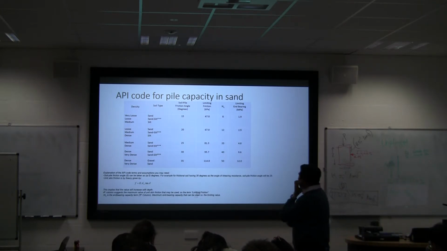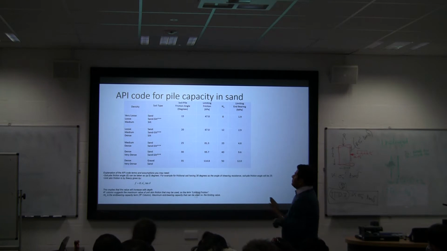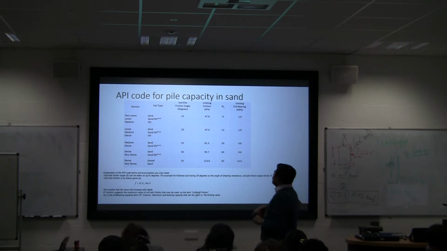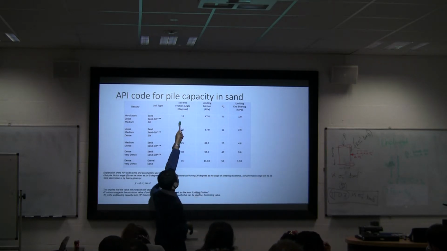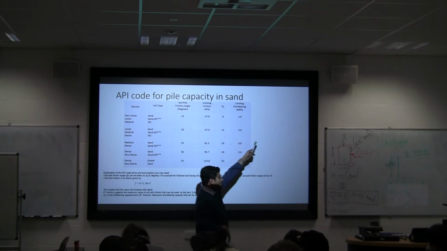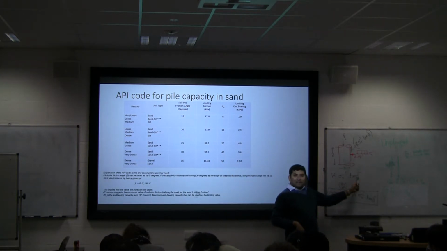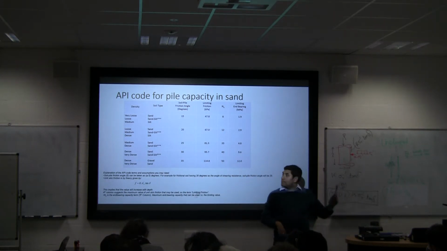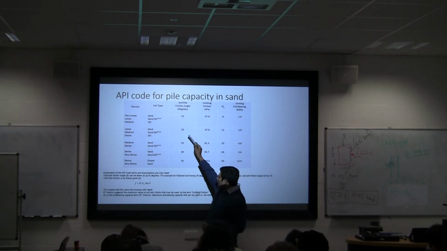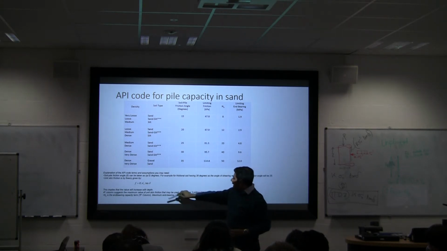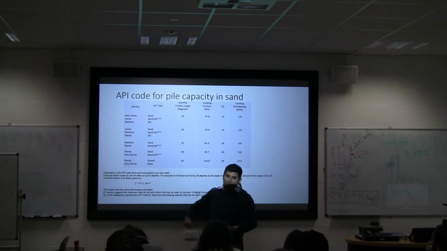In this particular code, it gives you the soil-pile friction angle, that means delta. How do you calculate delta? It tells you delta would be phi minus 5.